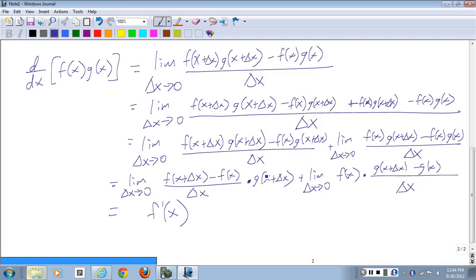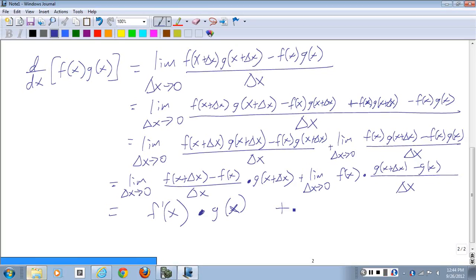I know g is continuous because g is differentiable, and a function must be continuous in order to be differentiable. So g is continuous. If delta x approaches 0, this expression inside here is approaching x. So the value of that expression is approaching g of x as a consequence of the fact that g is a continuous function. So times g of x when delta x approaches 0.